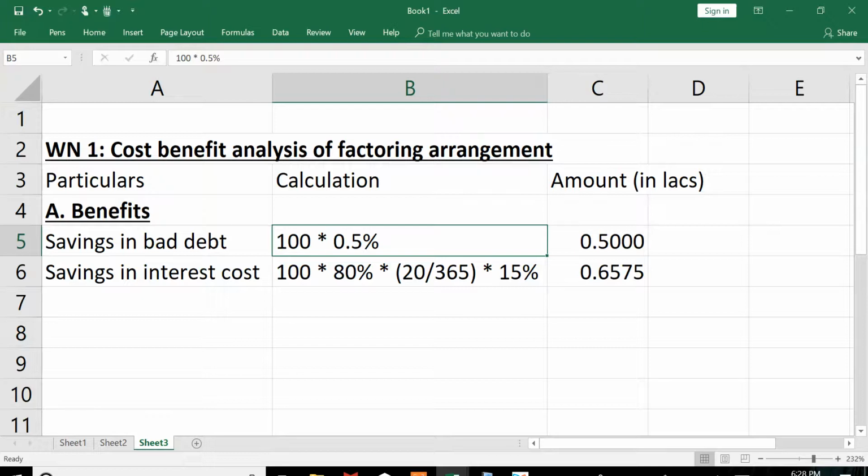It's not that I am paying anything to the factor, just that the bank loan interest is coming down for me because the loan itself is coming down.